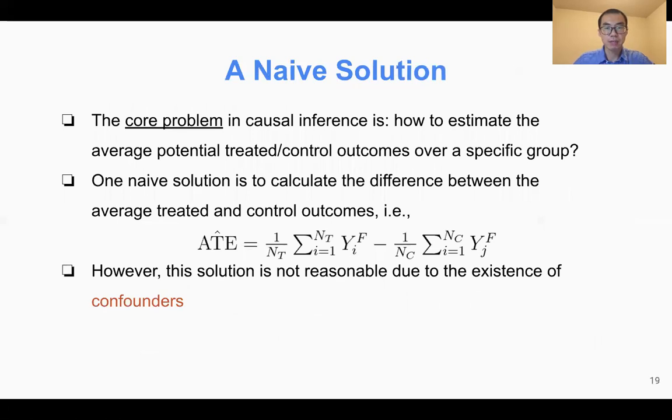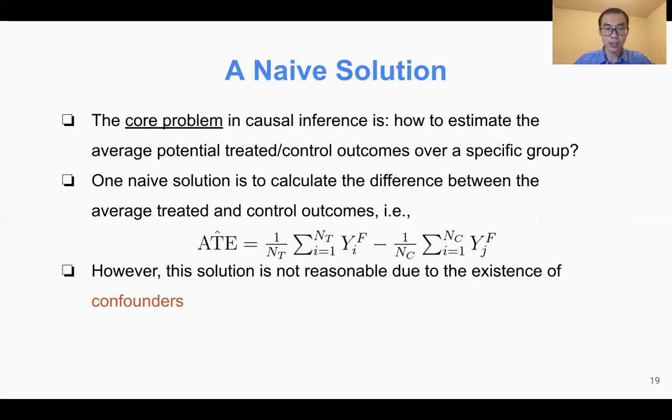So given the definition of potential outcome framework and given the task of treatment effect estimation, we may think about some potential solutions to this problem. The core problem in causal inference is how to estimate the average potential treated or control outcome over a specific group. One naive solution is to simply calculate the difference between the average treated and the control outcomes.